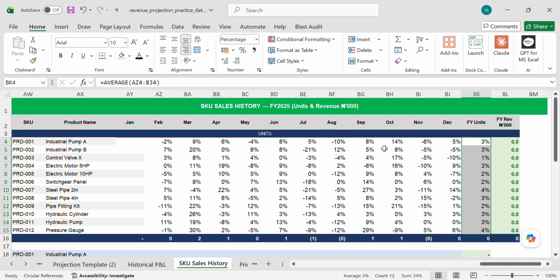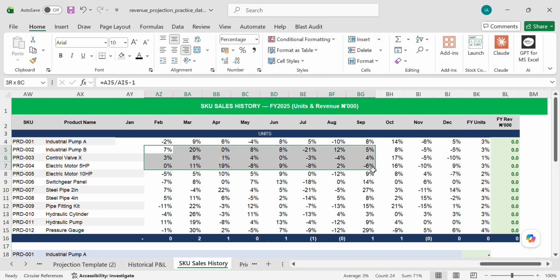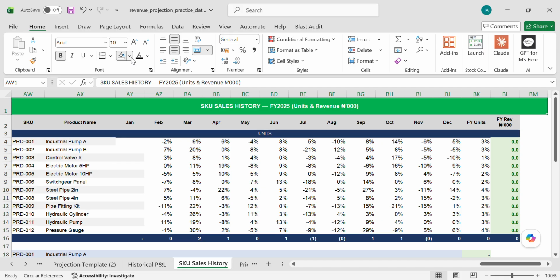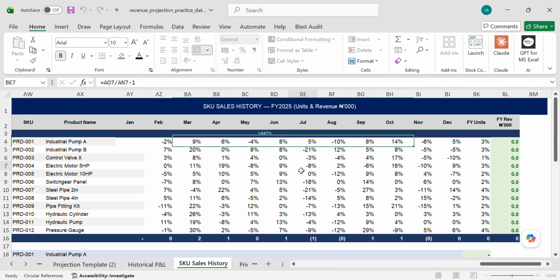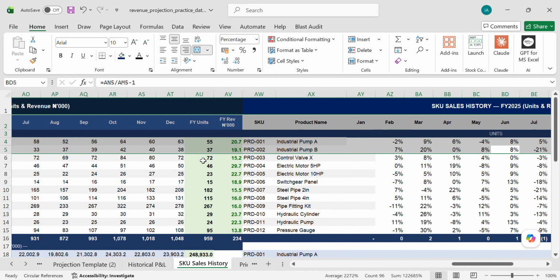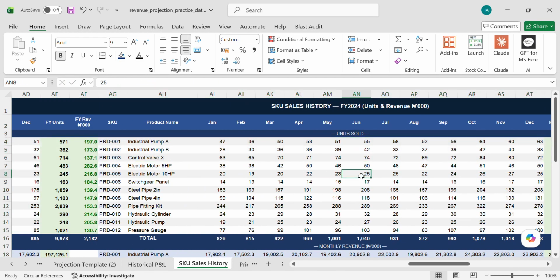Okay. So we have three. So this average, let's put these ones correct. For which year is this? This is for 2024.